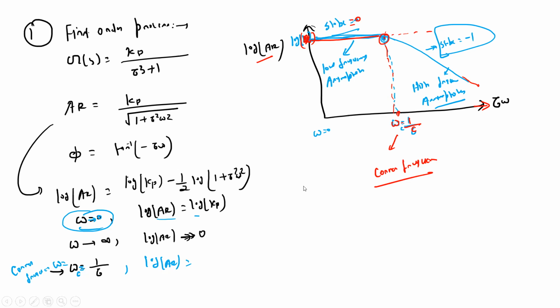Anyone has any doubt? So this one is the Bode diagram of a first order process. Is it clear?